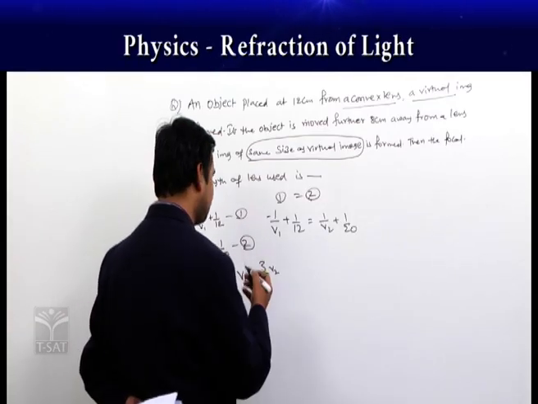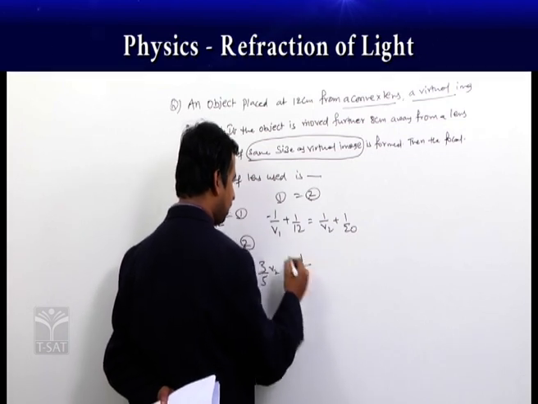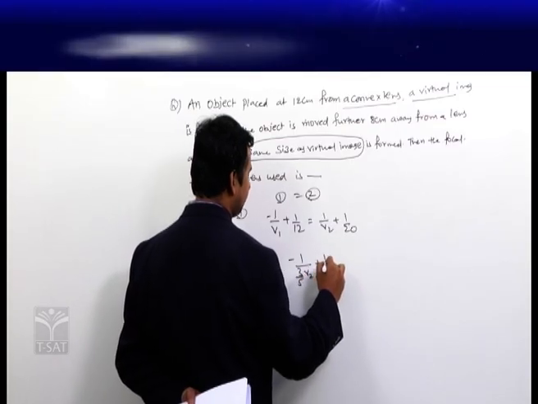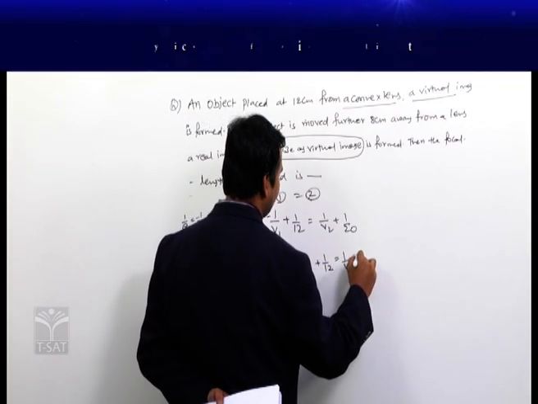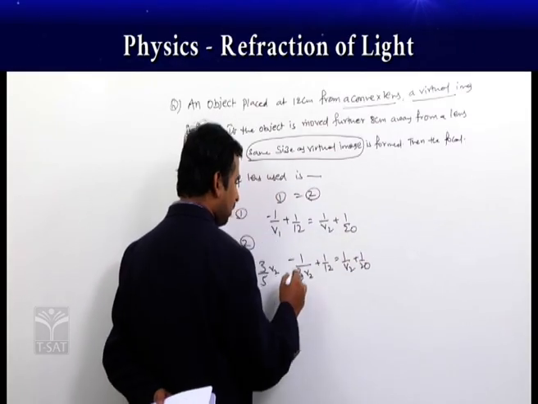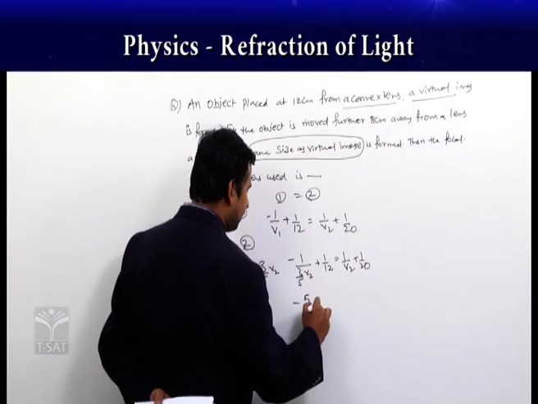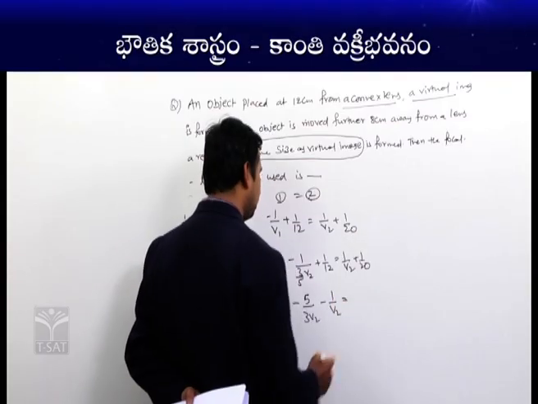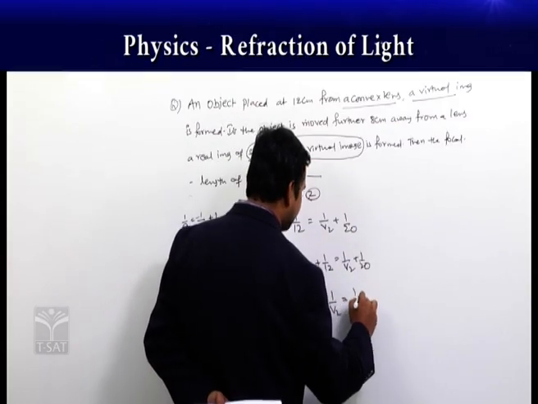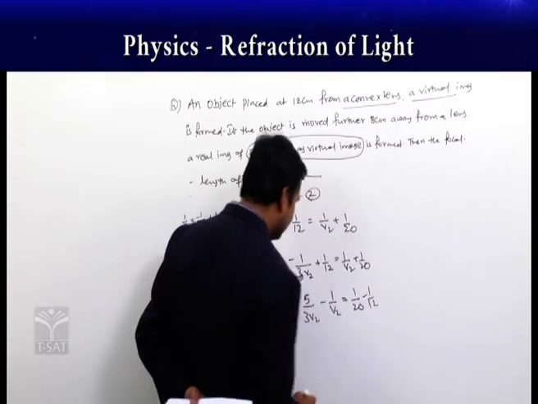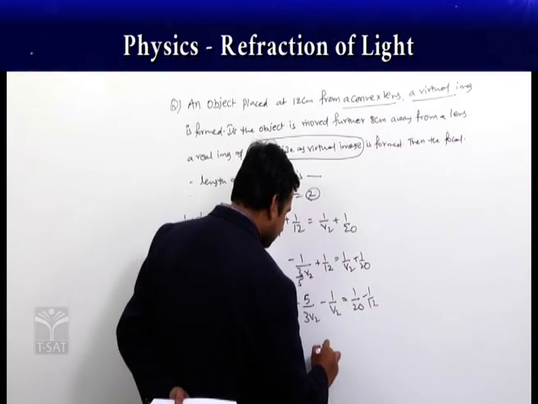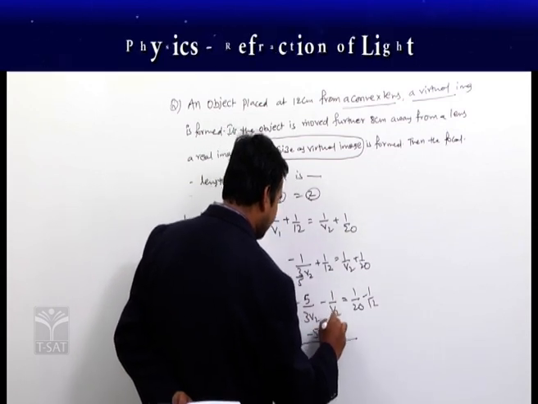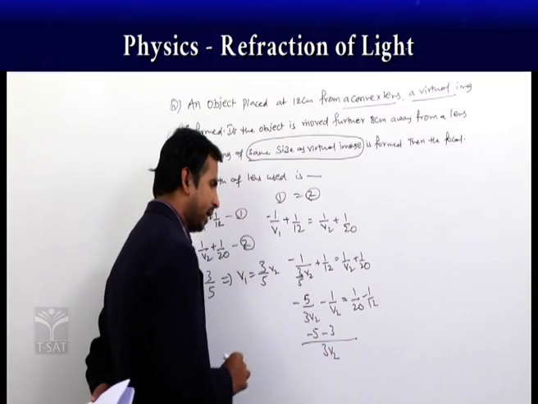Substituting that here, minus 1/(3/5 v2) plus 1/12 is equal to 1/v2 plus 1/20. Then the 5 comes to the numerator, so minus 5/(3v2), and bringing v2 to this side it becomes minus 1/v2 is equal to minus 1/12, going that side, and 1/20. Taking the LCM, it becomes 3v2, with minus 5 and minus 3.